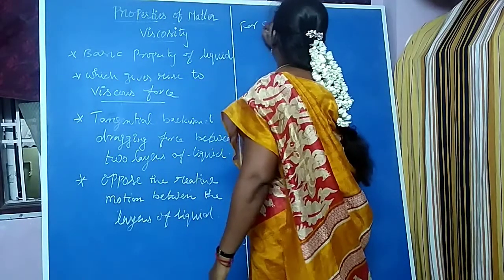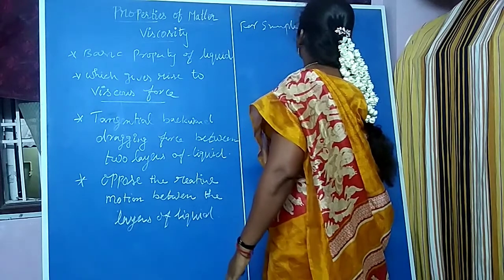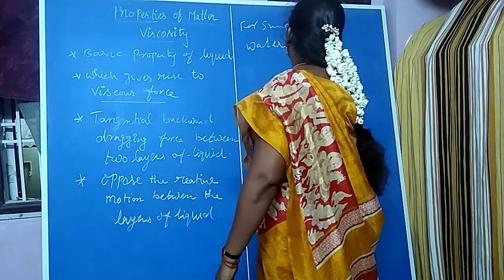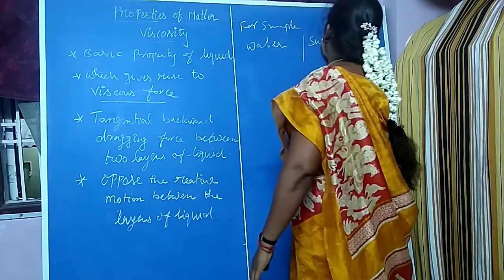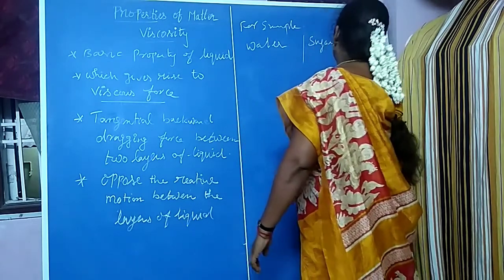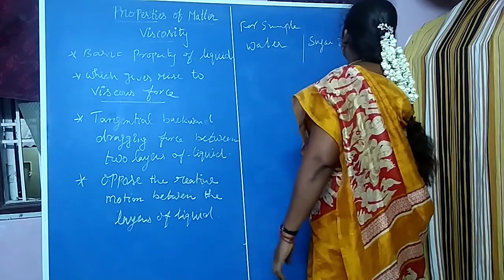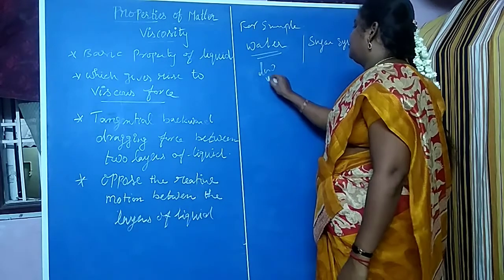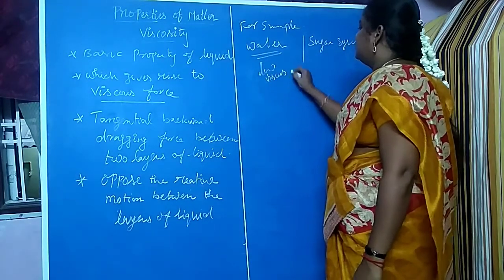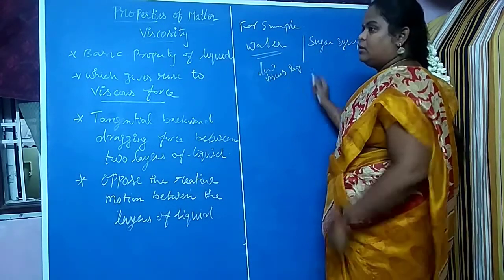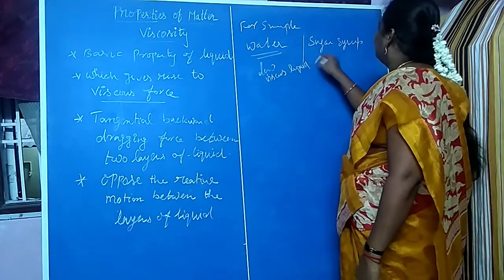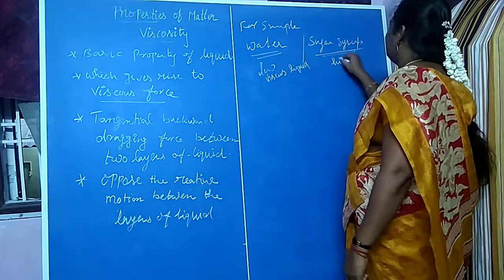For example, we consider water and sugar syrup. Water is a low viscous liquid, whereas sugar syrup is highly viscous.